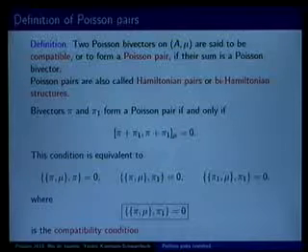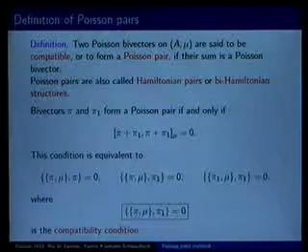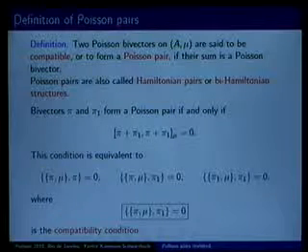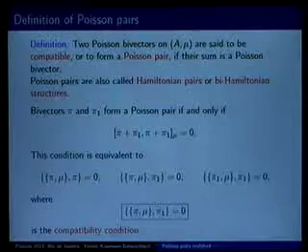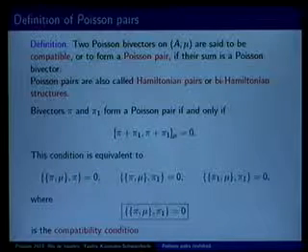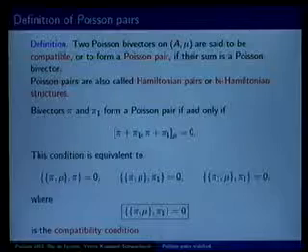So in the theory of integrable systems, they're usually called bi-Hamiltonian structures. And so this is the condition for the sum to be a Poisson structure. And so the whole definition is equivalent to pi Poisson, pi 1 Poisson, and then compatibility in the middle.